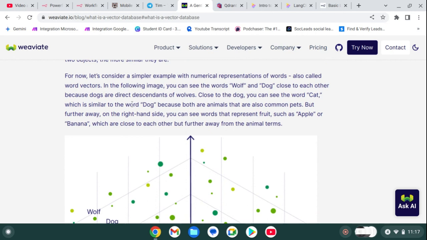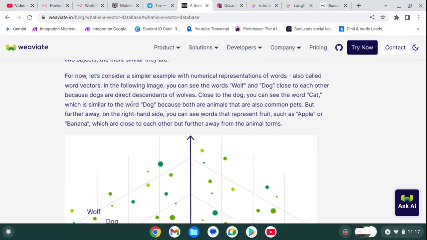In the following image, you can see the words wolf and dog close to each other because dogs are direct descendants of wolves. You can see the word cat, which is similar to dog because both are animals and commonly pets.